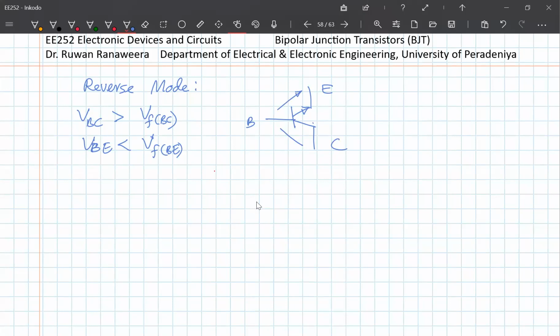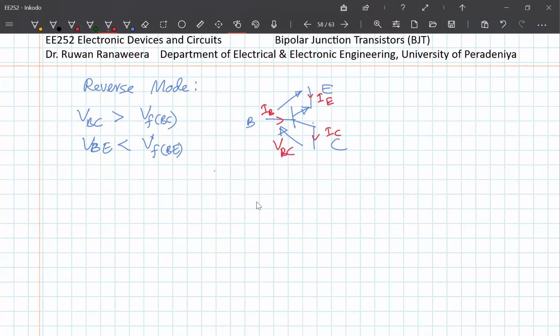In which case the currents are IE, IC, and IB.